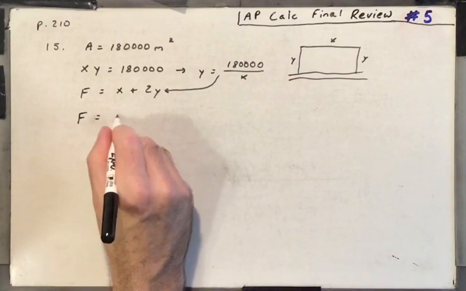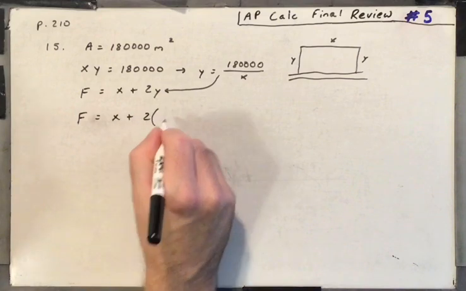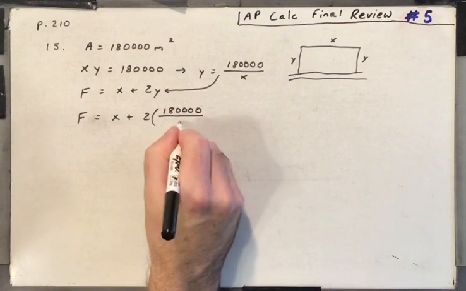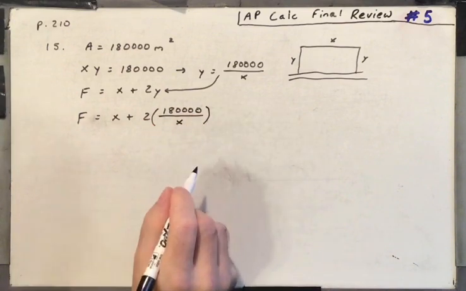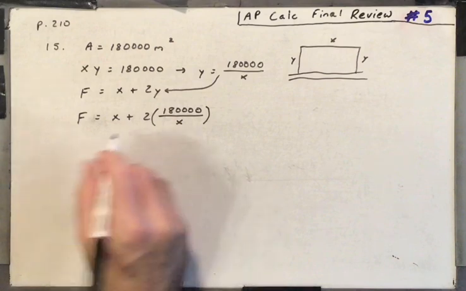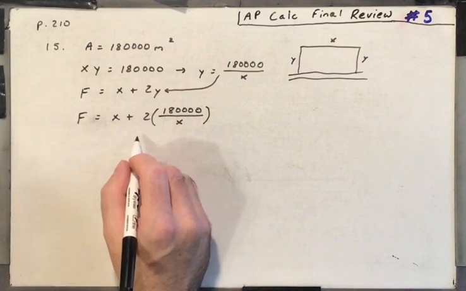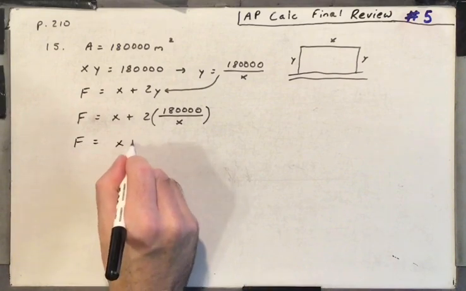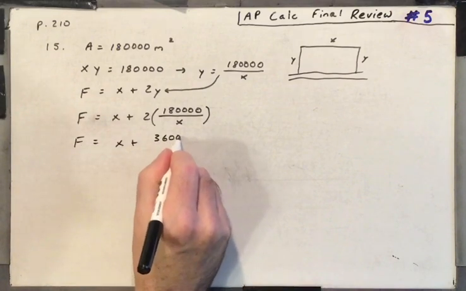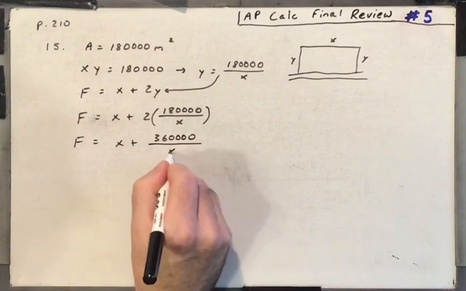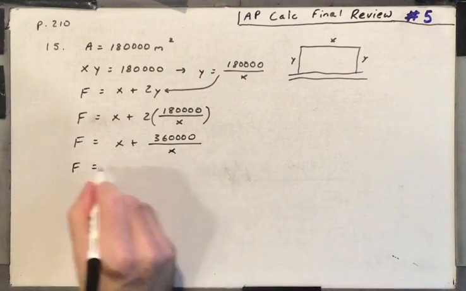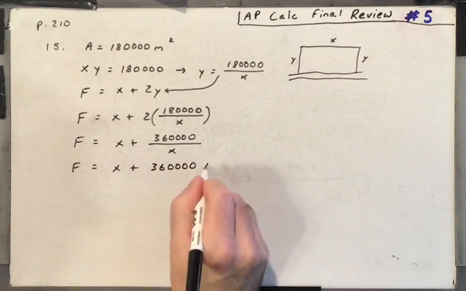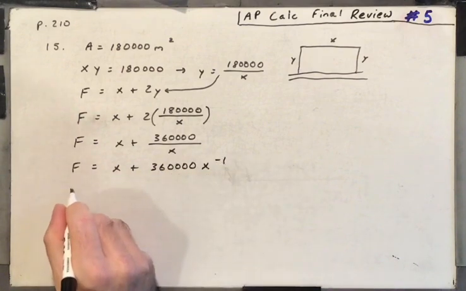So F is equal to x plus 2 times 180,000 over x. I'll go ahead and multiply that out. x plus 360,000 over x. So F is equal to x plus 360,000x to the minus 1.